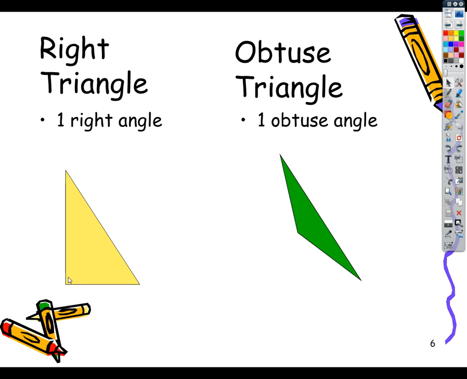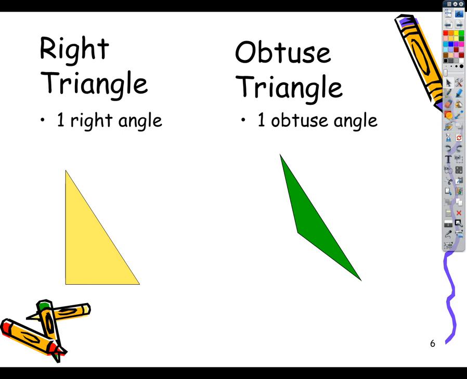Down here. The other 2 angles in a right triangle, what can you tell me about those? What are some things you can tell me? Not necessarily. They could be. They don't have to be. What can you tell me for sure about the other 2 angles, other than the right angle? Okay, they have to be acute, don't they? Yeah. How come neither one of those could be bigger than 90?